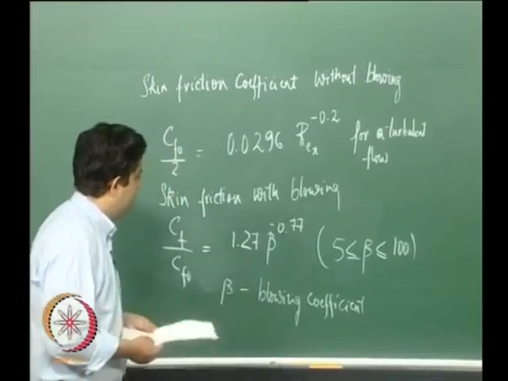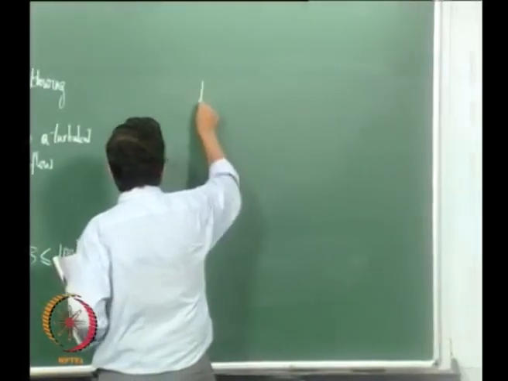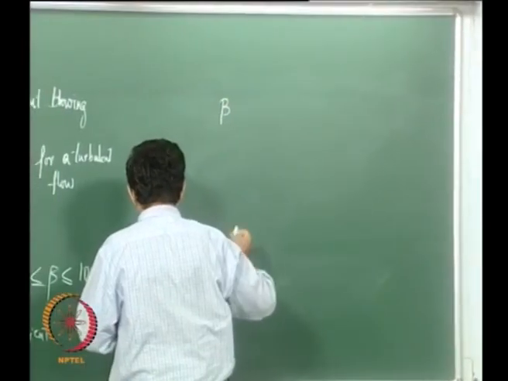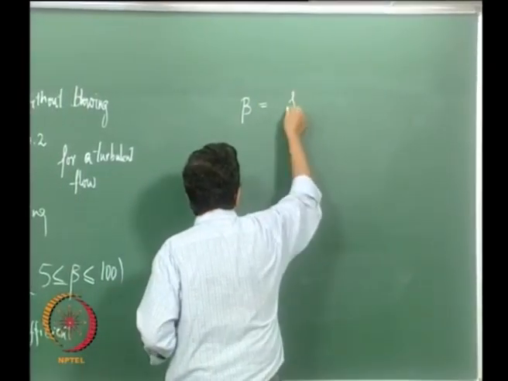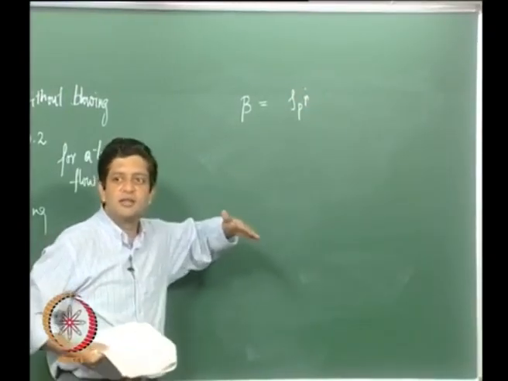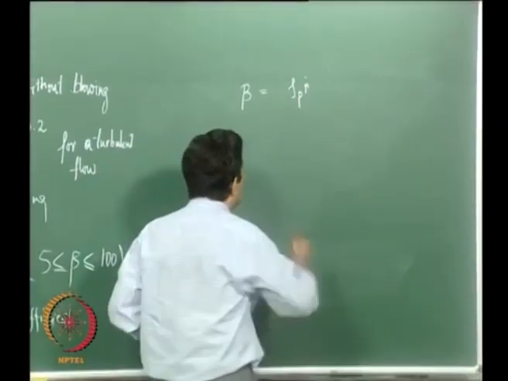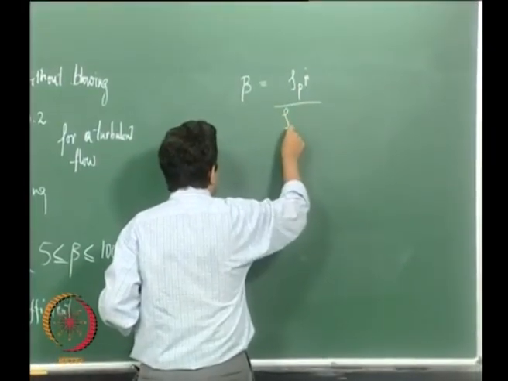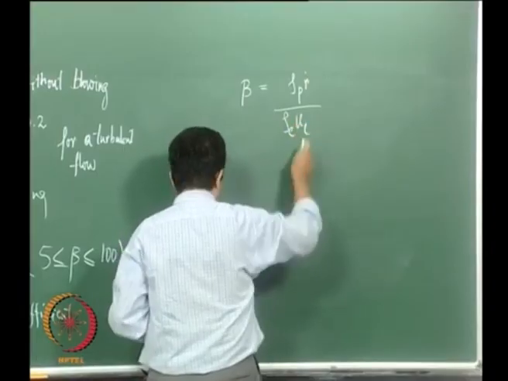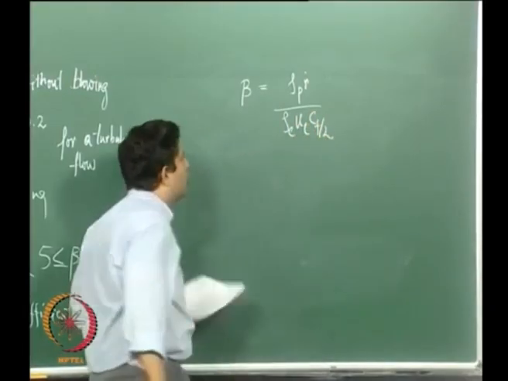And we can define beta as follows. Beta is defined as rho p r dot, that is the mass flux that is coming in from the surface, to the mass that is going through the port. Okay.